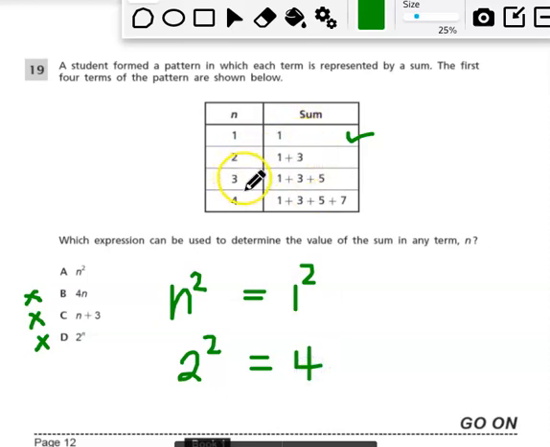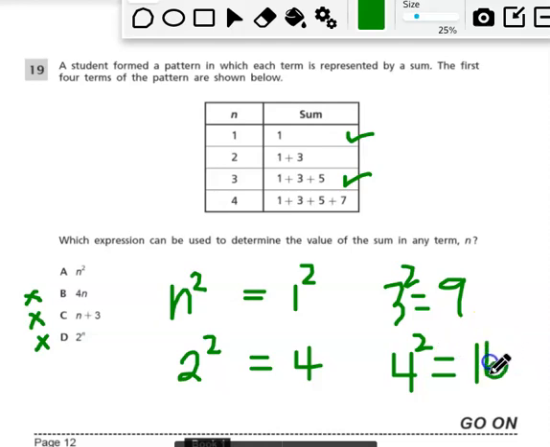Now we have 3 to the power of 2, which is 3 times 3 is 9. Is that 9? Yeah. Is this 16? Yeah. So 4 to the power of 2 gives you 16. Therefore, the formula n to the power of 2 is the one that works for each one of the pattern.